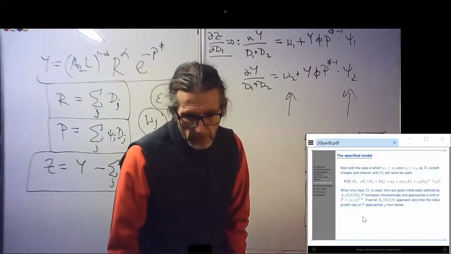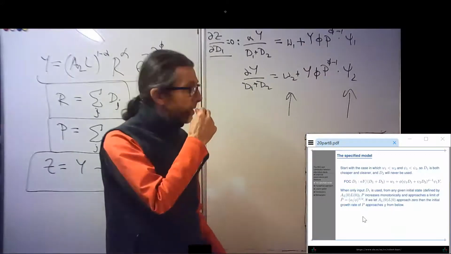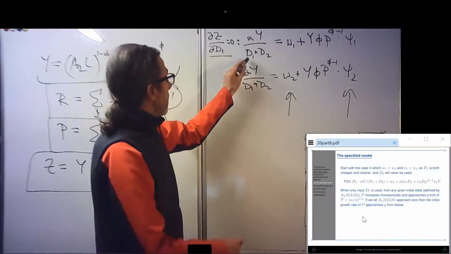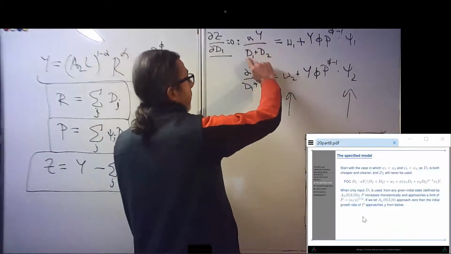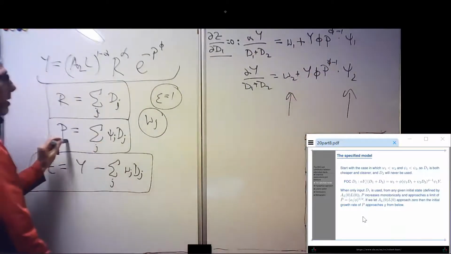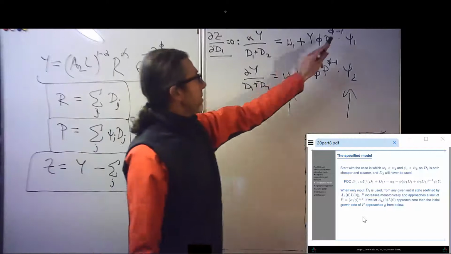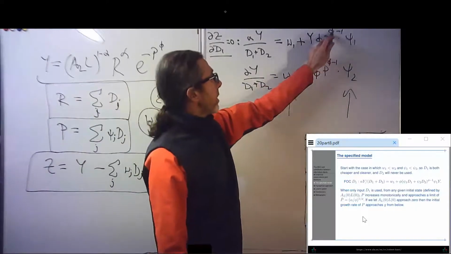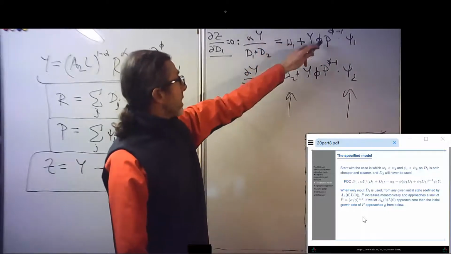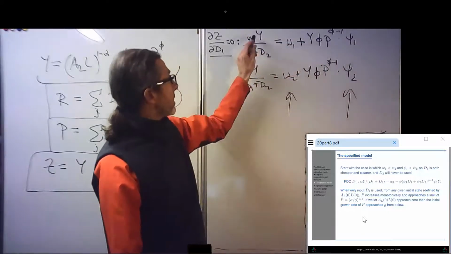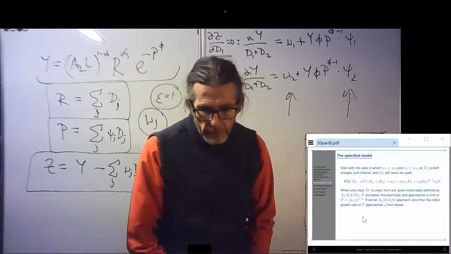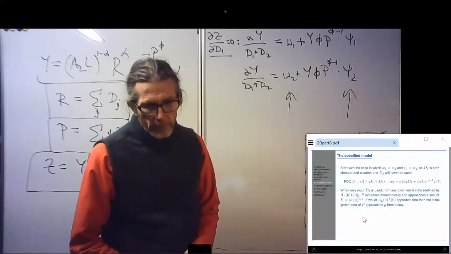It's actually alpha over phi to the 1 over phi. Because when D2 is 0, bring the D1 up, we have psi1 D1, which is just p. So we have p to the phi minus 1 times p. We end up with p to the phi here. And then once you cancel things and shift around, you get p to the phi is alpha over phi. So p is alpha over phi to the 1 over phi.